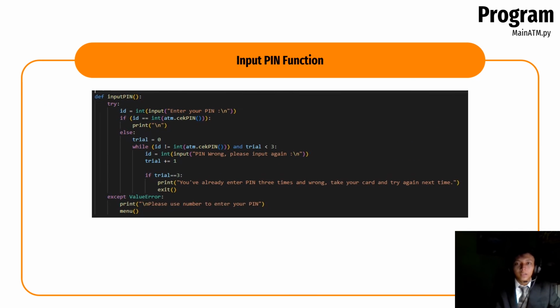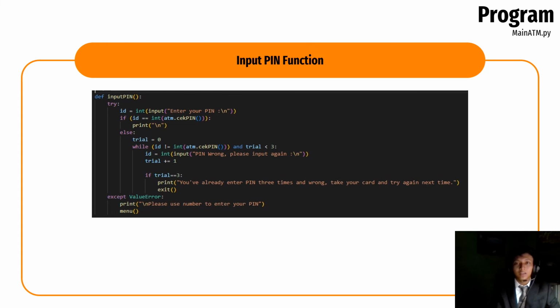Alright, next is the input pin function. Here, the user will be asked to input a pin, which will be stored in variable ID. If the ID variable is the same as the check pin variable in the customer class, the program will return to where it was called. If not, the user will be asked to re-enter the pin 3 times, and if more than 3 times, the program will show the message: you have already entered the pin 3 times and wrong.